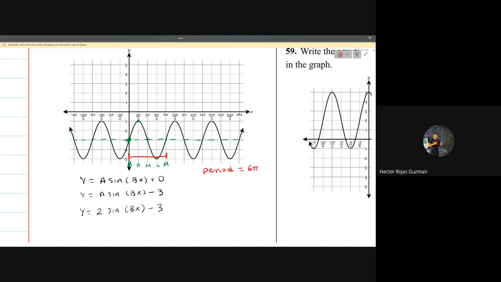When we did the notes in this unit like a month and a half ago, I told you that if you want to find the period, you can take the maximum and subtract the maximum. For example, this point minus this point, and that would get you the period. That is true. You could have also done the minimum minus the minimum. So take any minimum and subtract the previous minimum. That is also the period.